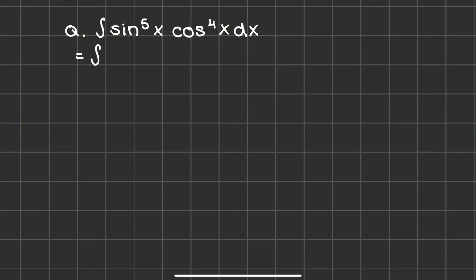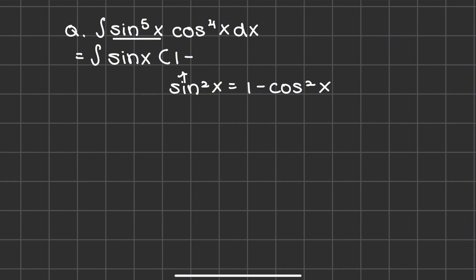So that would be equal to the integral of sine x. Remember, when you have an odd power, as you see right here, you separate it into sine x multiplied by sine to the 4th. I didn't do that step, but it should be understood. And then we are able to apply the identity: sine squared x is equal to 1 minus cosine squared x.